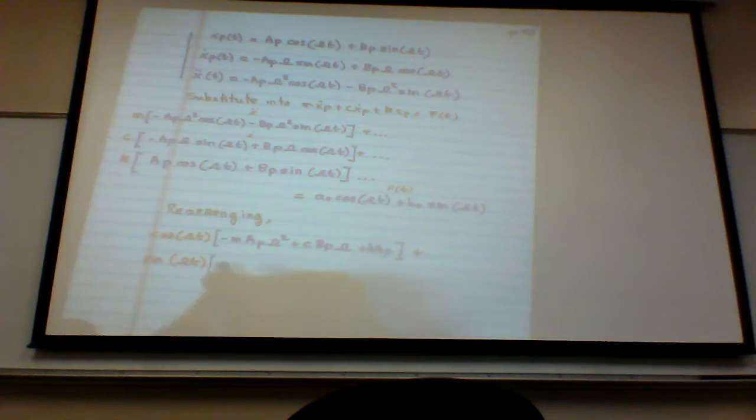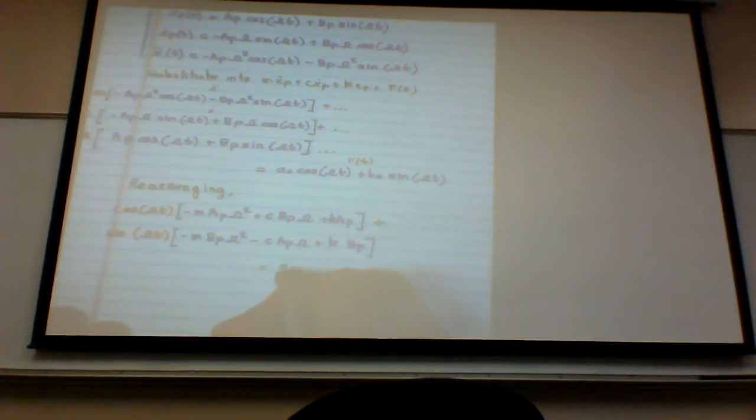The first term will be minus m B p omega squared, minus c A p omega, plus k B p, equal to A sub naught cosine omega t plus B sub naught sine omega t.